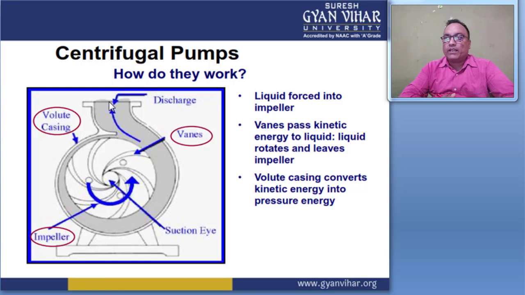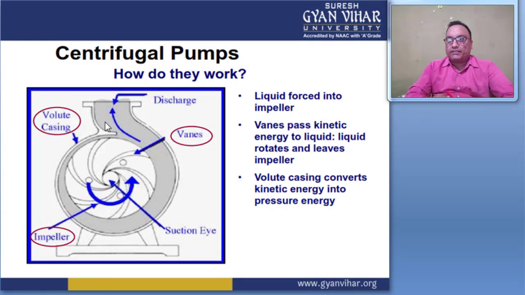This provides a force that pushes the liquid away from the center, in the tangential direction, converting prime mover energy into mechanical energy through the shaft, and then converting this mechanical energy into fluid energy by the impeller. This fluid energy is collected in the volute, and the volute converts the kinetic energy into pressure energy.